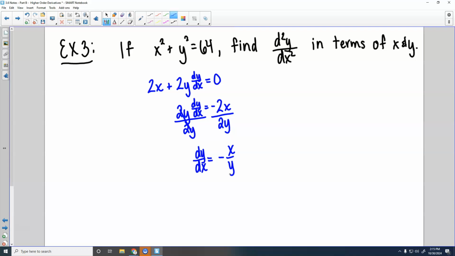For the sake of doing that second derivative, it might be easier to pick either the numerator or denominator to put that negative in. I'm going to call it negative x over y. That would be the same.